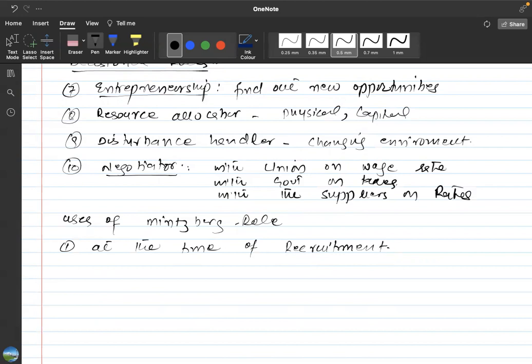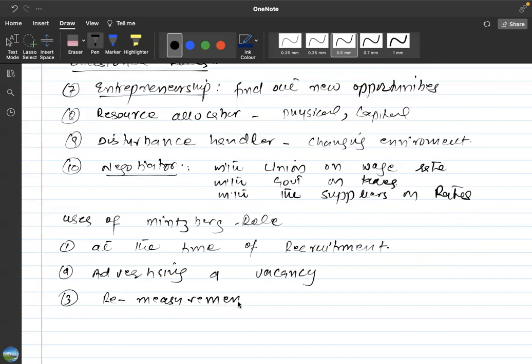We can also use them at the time of advertising a vacancy, that this specific role manager is required. We can also use them at the time of measurement of performance, that these tasks have been allocated to the managers, whether they are doing them in a fine way or not. So there are multiple uses of the Mintzberg theory, for the purpose of hiring and for the purpose of judging the employees in the future.